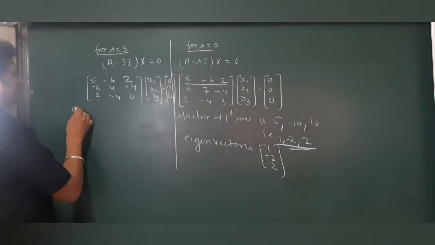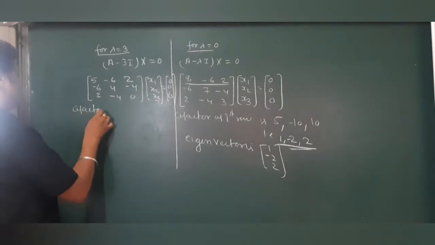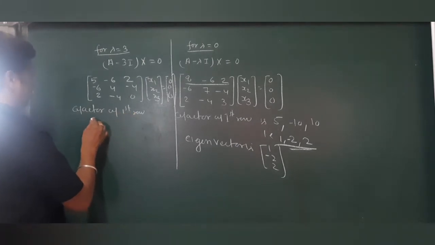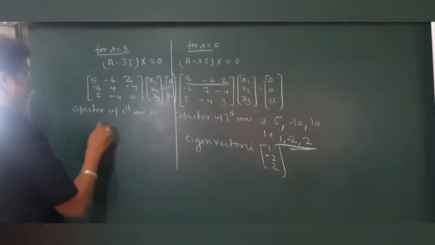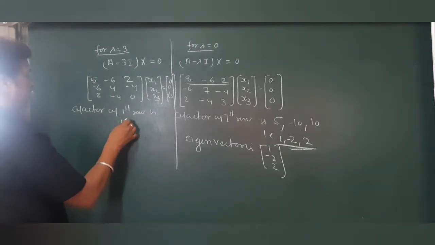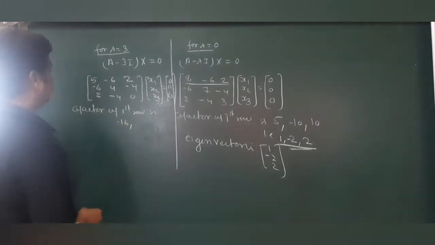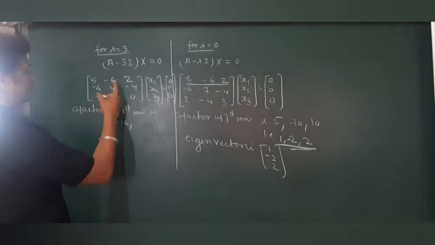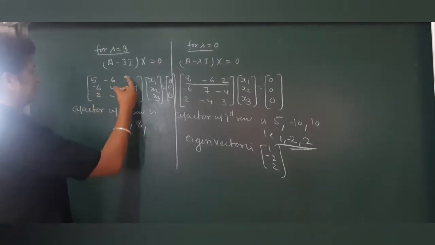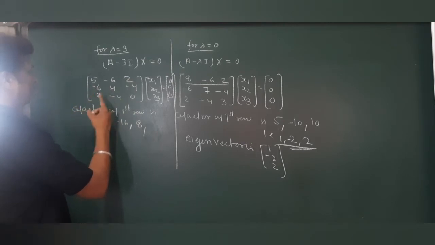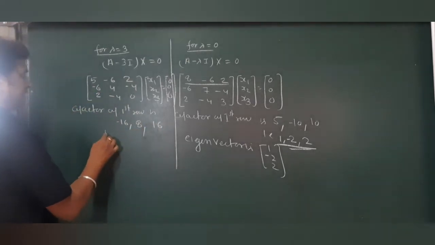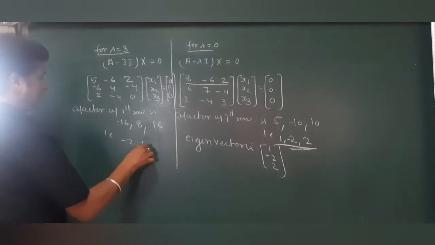What are the cofactors of the first row? Minus 16, then for the second row plus 8, and 16. Divided by 8, that is minus 2, 1, 2.